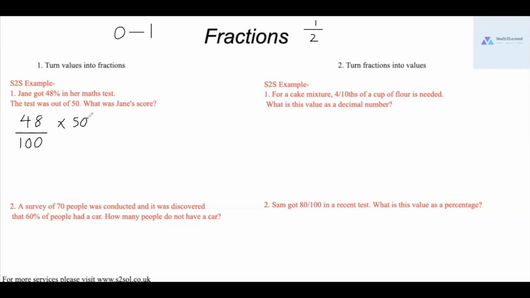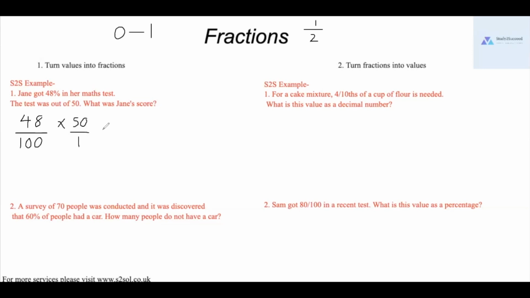So remember, just as a little reminder, if we are multiplying a percentage of 48% out of 50, we put the 50 as the numerator because 50 in fractional form is the same as 50 over 1.